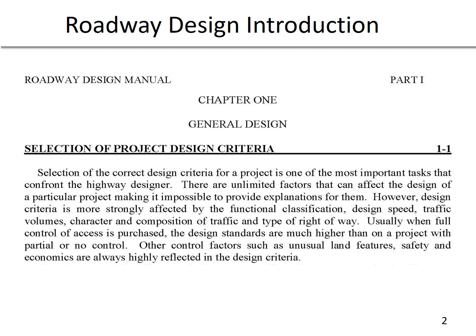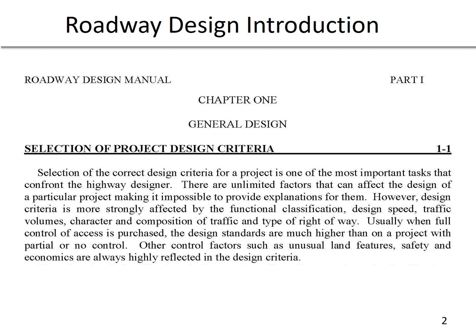This is guidance from the North Carolina Department of Transportation, and I think this is an excellent overview of the selection of design controls. Their documentation states that the selection of the correct design criteria for a project is one of the most important tasks that confront the highway designer. There are unlimited factors that can affect the design of a particular project, making it impossible to provide explanations for them.